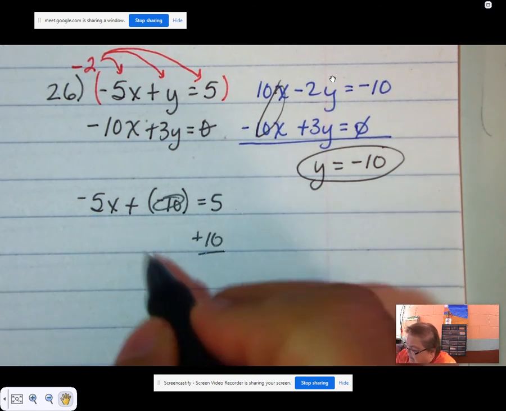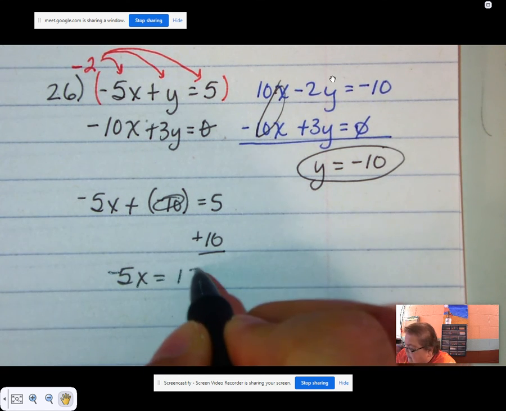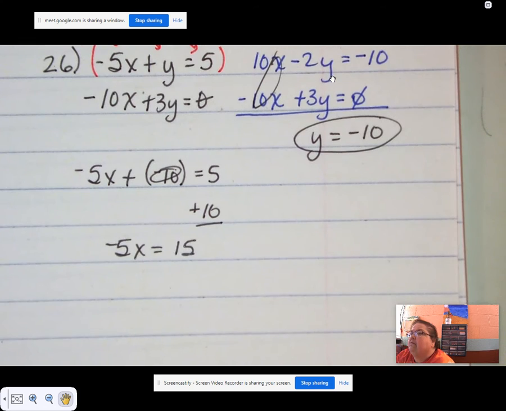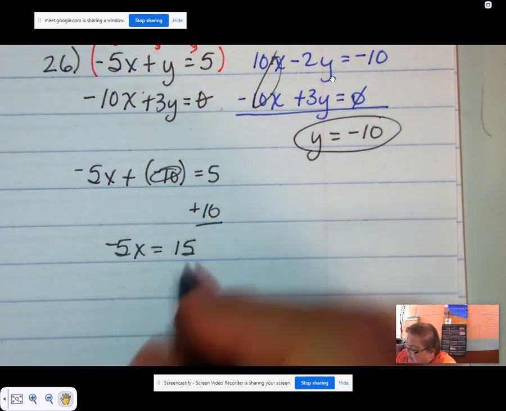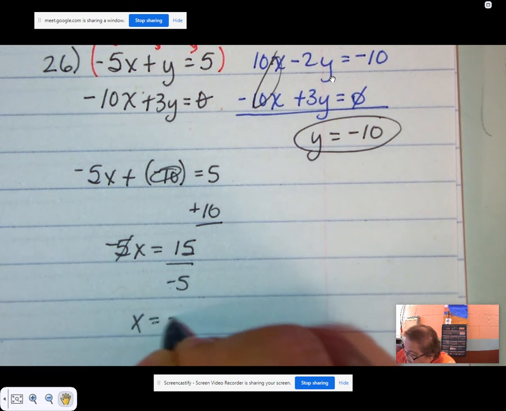There's my 0. 5x equals 15. Write this down. Everybody's writing this down. And then I'm going to divide by that -5. X equals -3.